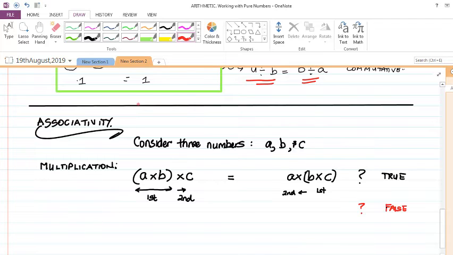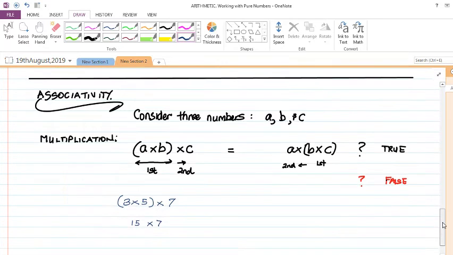So let's take some numbers now and check that out. 3 times 5 first, multiply by 7. What does that work out to be? 3 times 5 is 15, so this works out to be 15 first and then times 7.